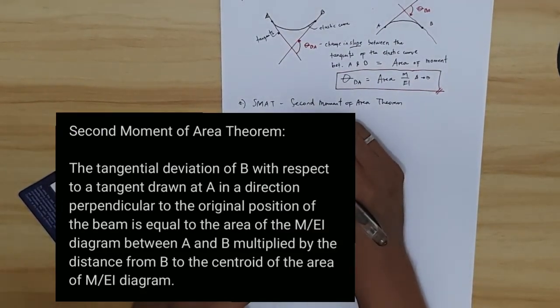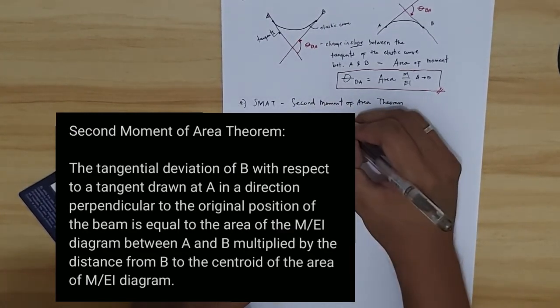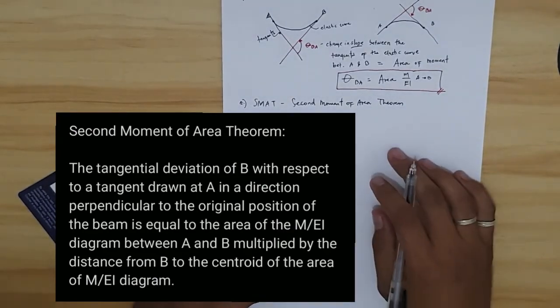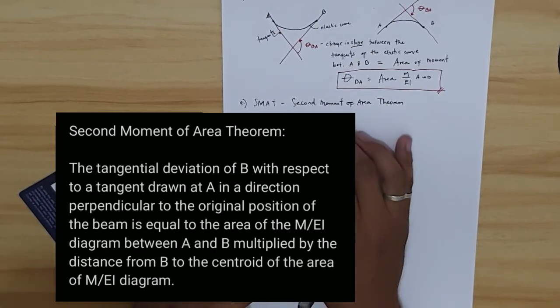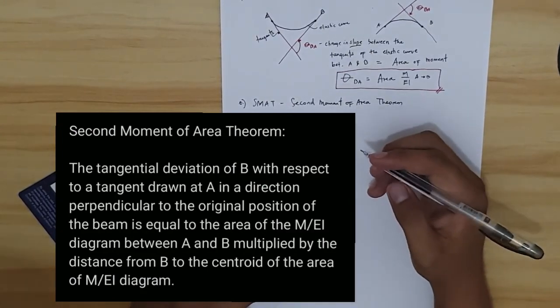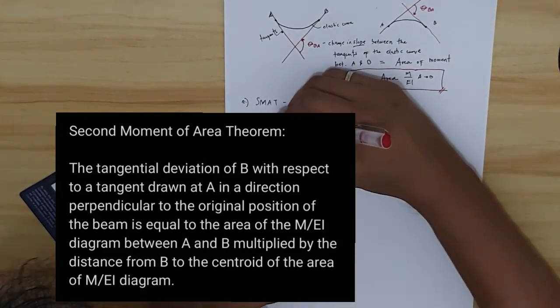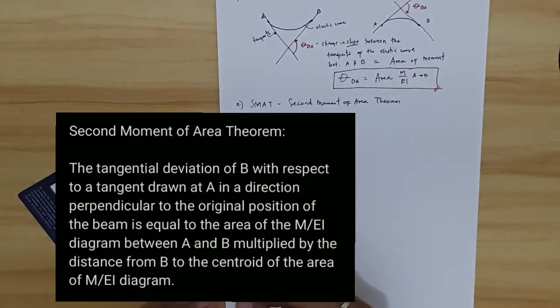So let us say you have two points A and B on the elastic curve, or the curve of deflection. You draw tangents at these points.